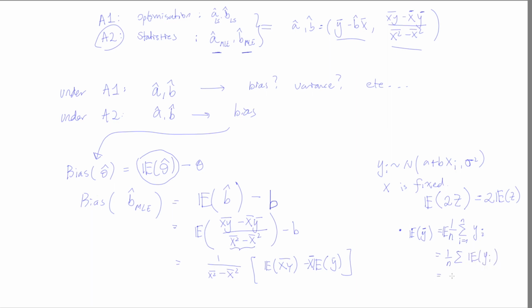This is 1 over n times the sum of the expectation of yi, which is A plus B xi.